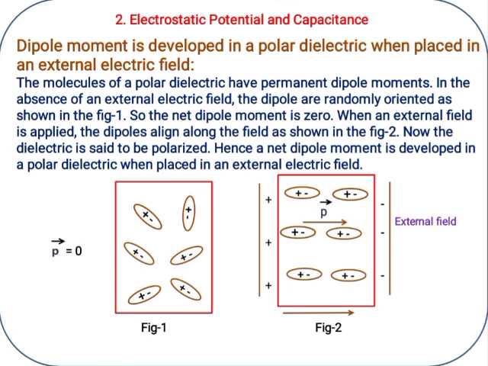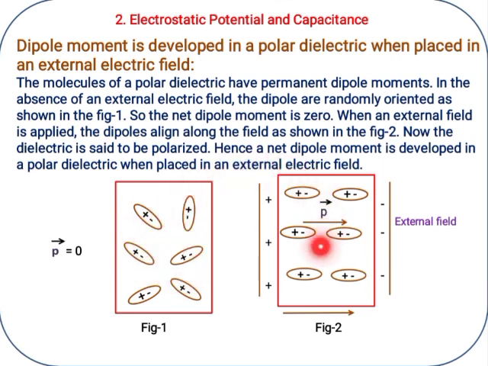In this video, we are going to discuss first how we can develop the dipole moment in the polar and non-polar dielectrics. As we know, the polar dielectric has a permanent dipole moment. This point we also discussed in the previous video. Here I compared two diagrams. In the first figure, we can observe the dipoles randomly arranged.